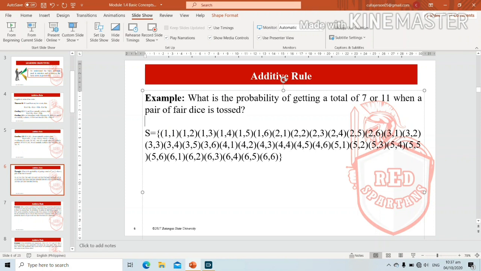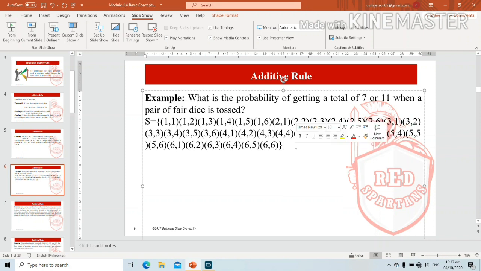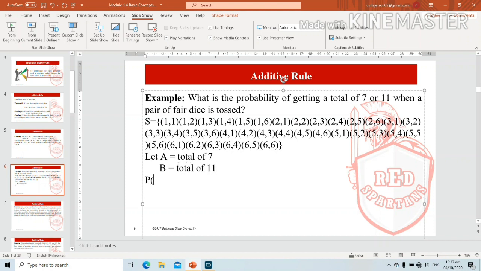Let event A be a total of 7 and event B a total of 11. Ano ba ang probability na ang lalabas ay 7? Hanapin natin dito.